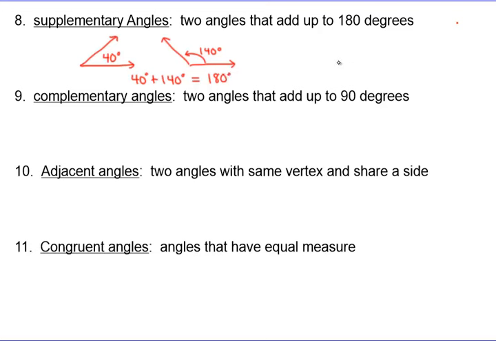Another way that you may have seen them before is if they're called adjacent supplementary angles. Adjacent supplementary angles means that those are just angles that share a point, a vertex. So here's my two angles here.